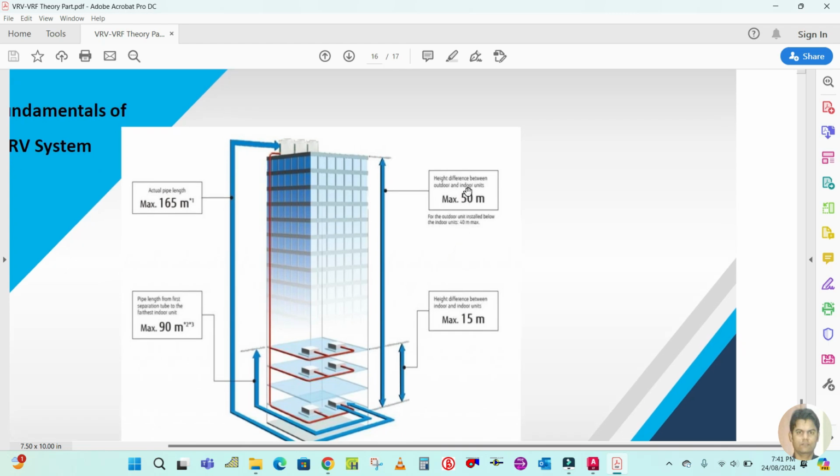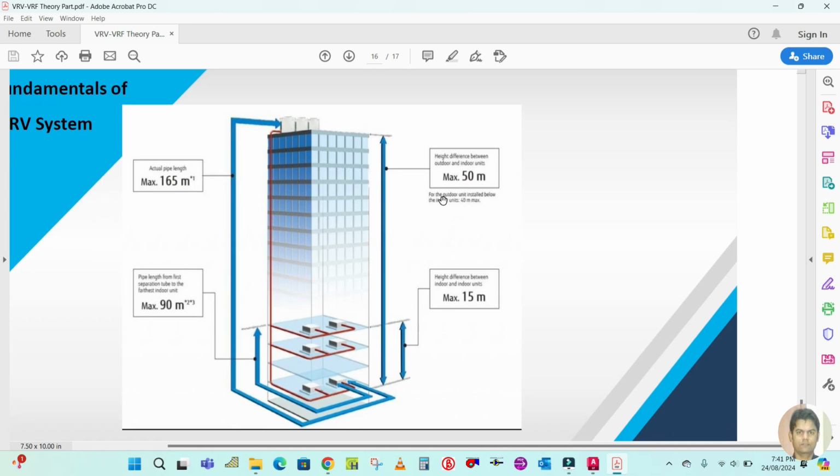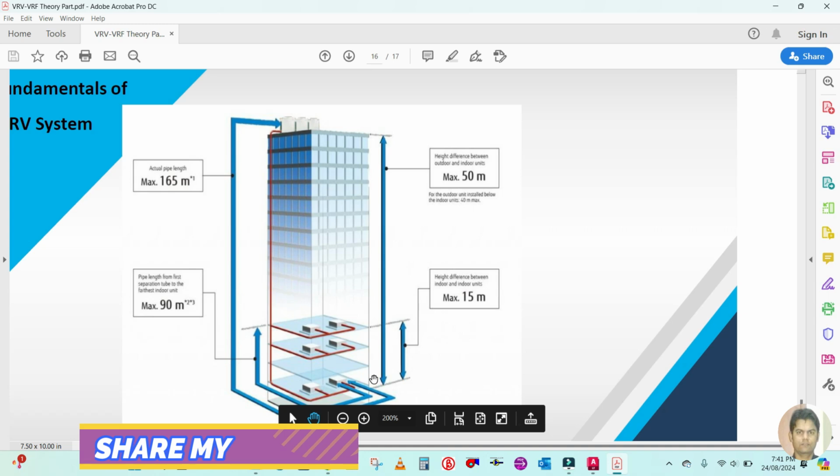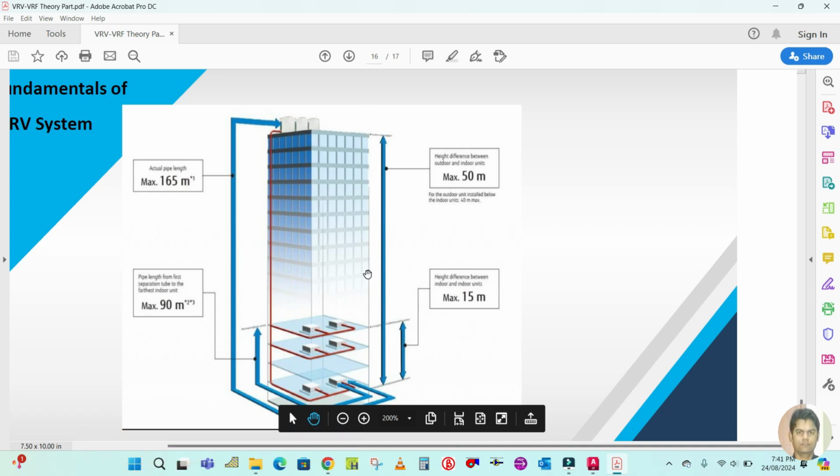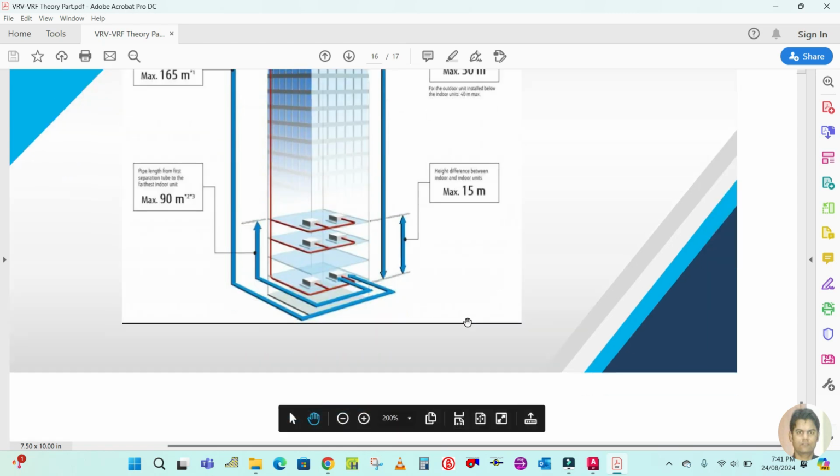If the outdoor unit is on the top, it should be 50 meters. So the pipe length between the outdoor and the last indoor should be 50 meters if the outdoor unit is installed on the roof. If the outdoor unit is installed on the ground, only 40 meters is allowed.